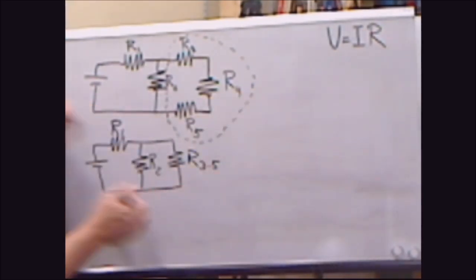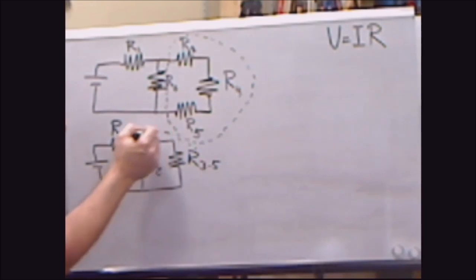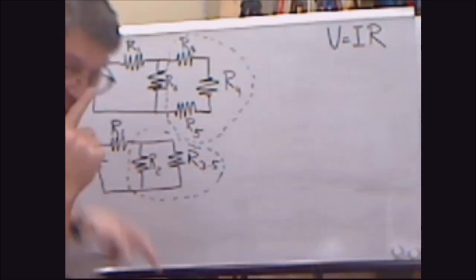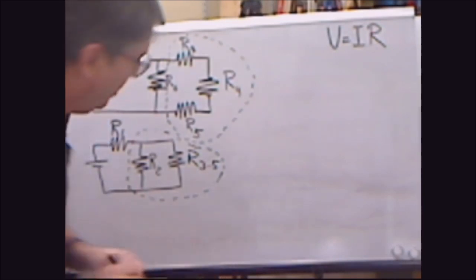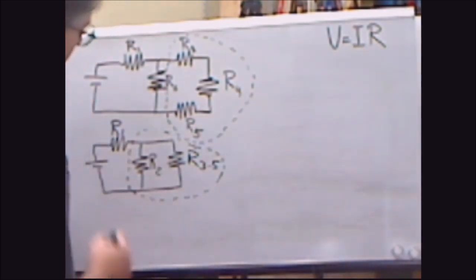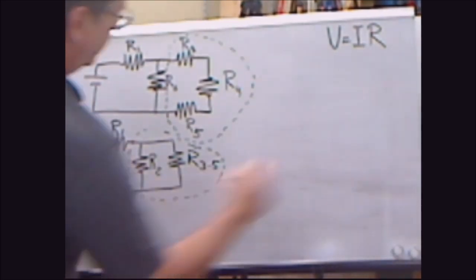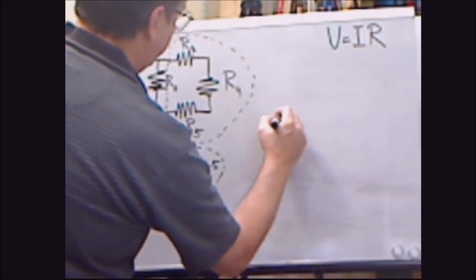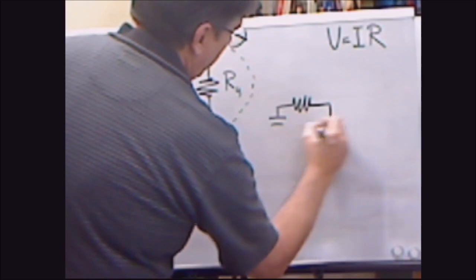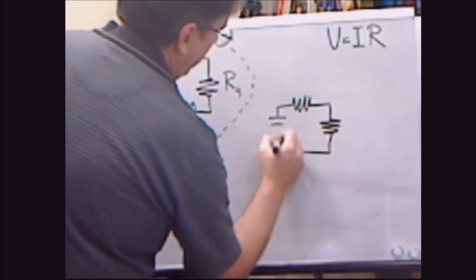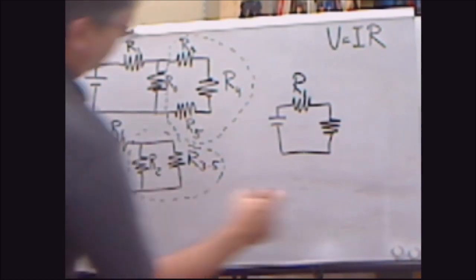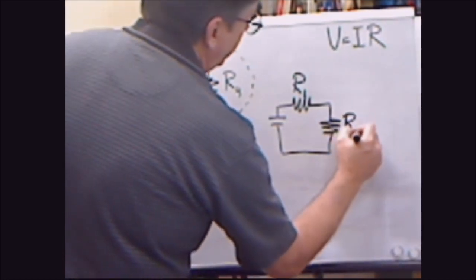Now we see a system of 2 parallel components. We know how to do parallel resistances, right? We did a series resistance, now we have to do a parallel resistance, and then this circuit becomes R1, and now that's R3 through 5, and we're putting R2 in it, so now that's R2 through 5.